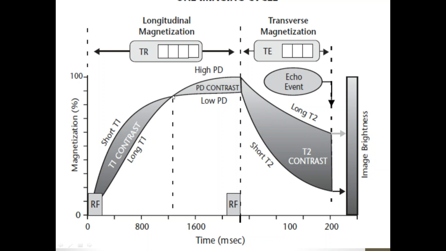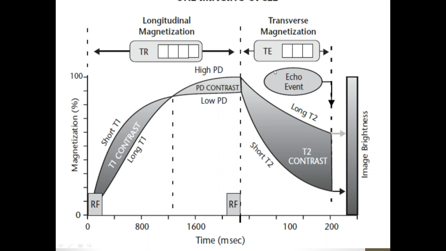At this value, I'll select the repeating of the signal, because at this value there is no difference between long T1 and short T1. So I'll apply it at a certain time with short TE and long TR.